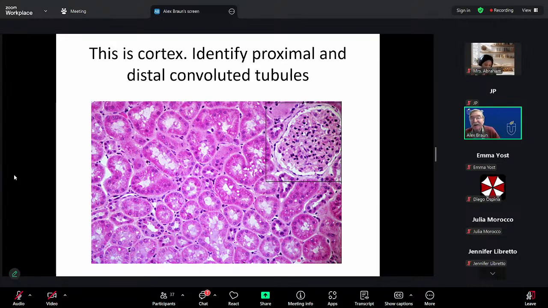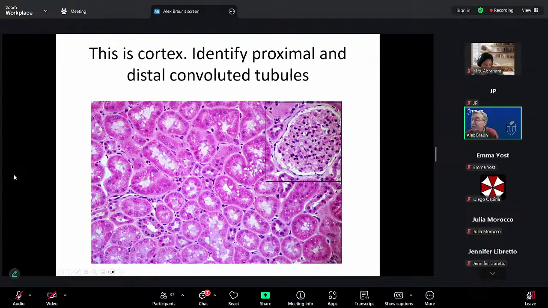So when I see a raggedy looking apical border to the cell, I take it to be probably the brush border of a proximal convoluted tubule. So looking at these again, I see bigger, taller cells, more widely spaced nuclei, pinker cells, and a raggedy looking border, which probably reflects the brush border. That is the rich complement of microvilli in the apical surface of these cells.